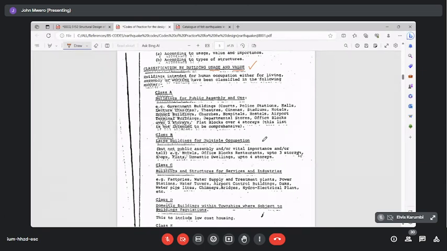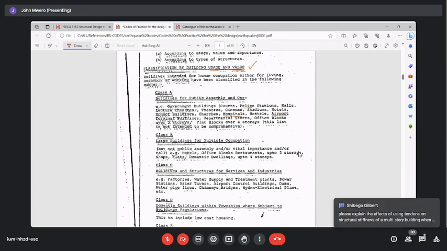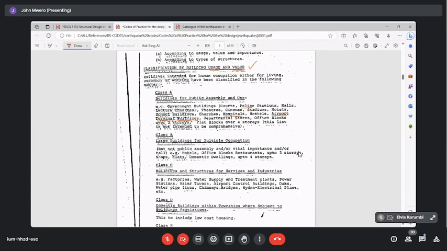If you look at these examples that have been listed under category A, they are buildings that deal with the security of the country, they deal with the governance of the country, they deal with large populations, they deal with emergency services, they deal with transport. So these buildings, we would generally want to ensure that nothing happens to them.